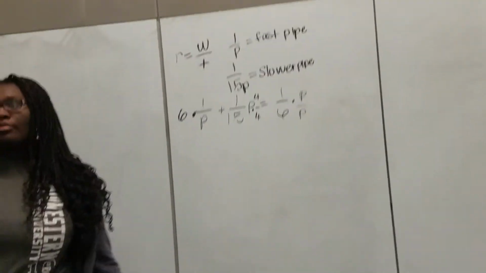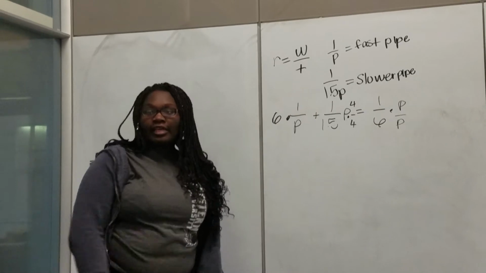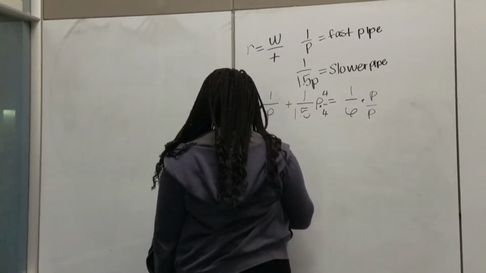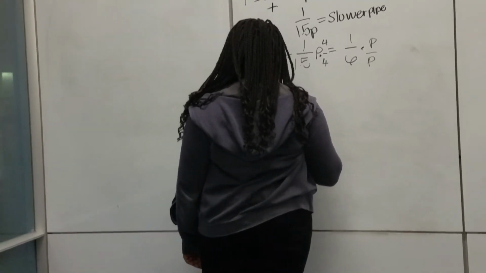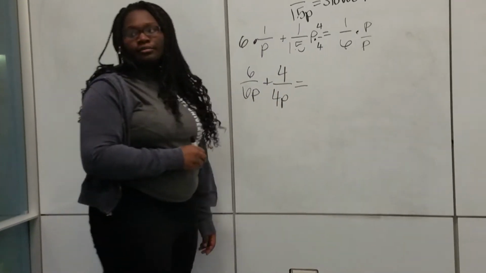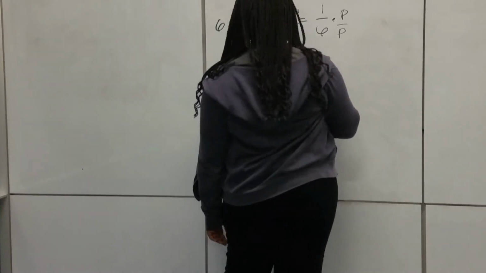Okay. You're right. So that means that 6 over 6P plus 4 over 4P equals P over 6P.